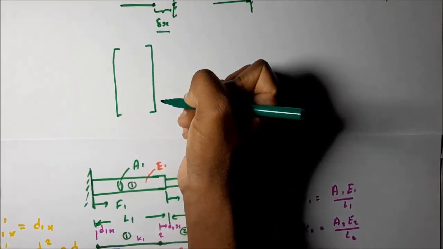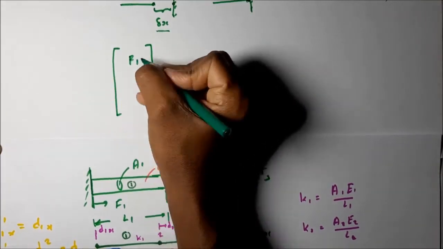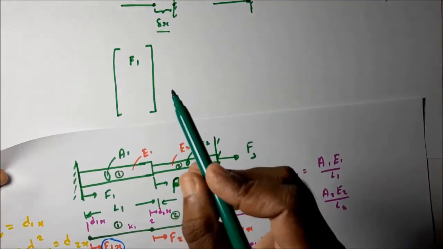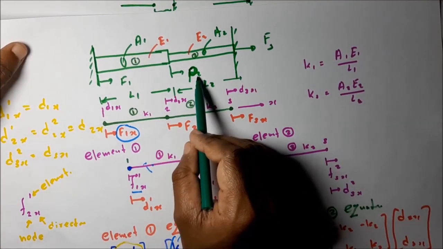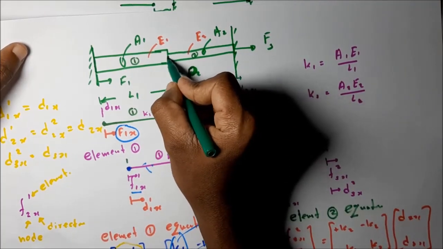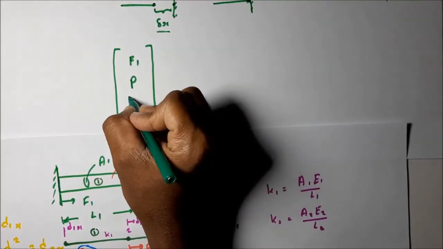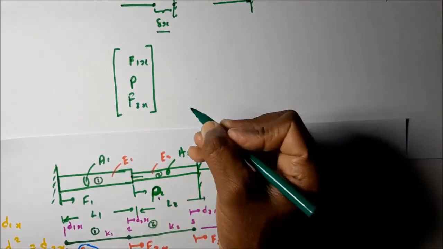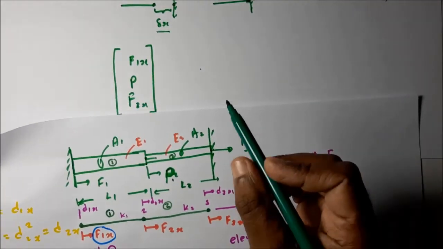In the nodal force vector, F1x is an unknown reaction from the fixed support. The P force means F2x is equal to P, the force acting at the middle portion. It's a known, given value. F1x and F3x are also unknown, as they are reactions from the fixed supports.